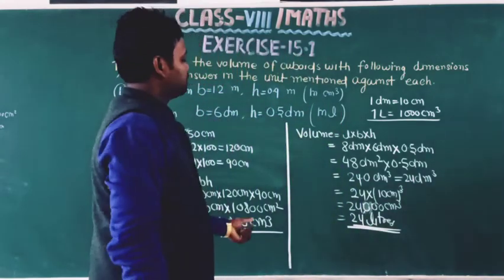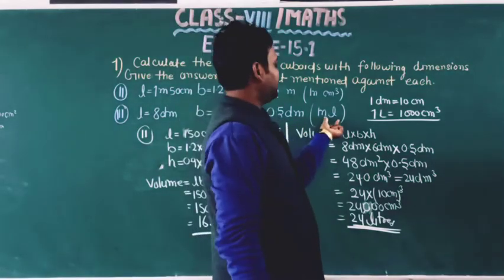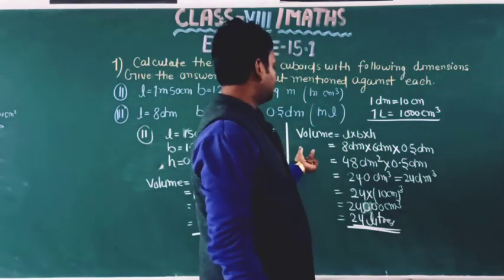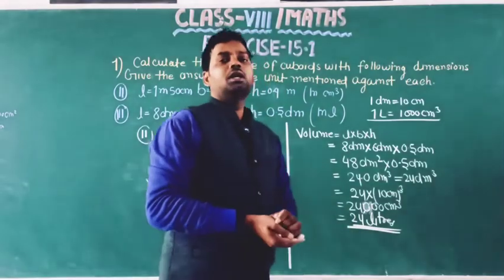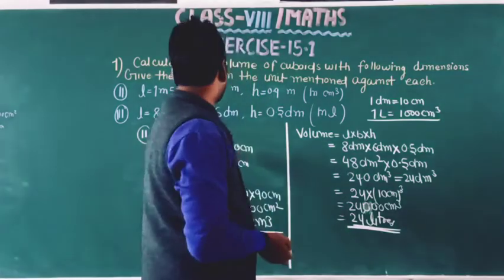Okay, so we have asked volume in liter. So volume of the cuboid in liter is 24 liter. So this is the answer of third part.